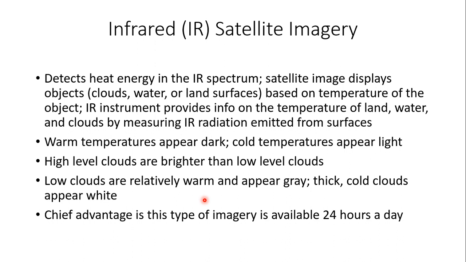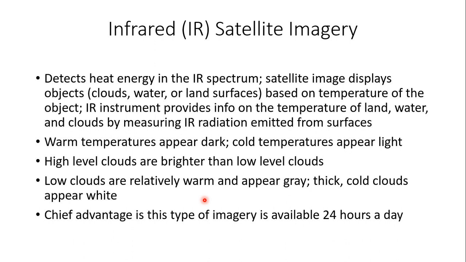So, for example, let's say we have a hotter object on the Earth's surface. On an IR image, that object's going to appear darker, and that object's going to emit much more radiation. The hotter the object, the more radiation is emitted. The colder the object, let's say snowpack, snow cover in winter, it's going to emit much less radiation.